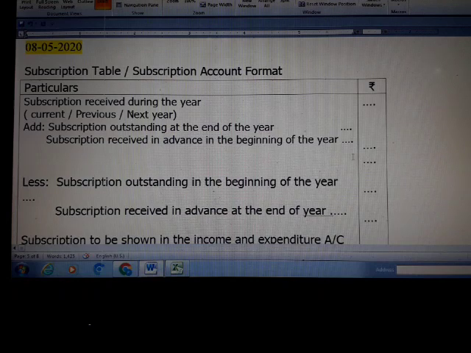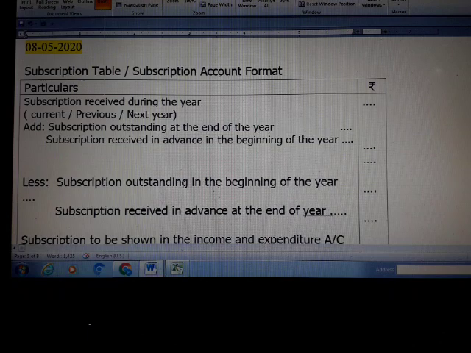From that value, you need to subtract two respective items. Number one, the subscription which is outstanding at the beginning of the current year. Why? Because whatever is mentioned as outstanding subscription at the beginning of the year pertains to the previous year's closing outstanding. For example, the year we are working out is 2019-20, that is, from 1st of April 2019 to 31st of March 2020.